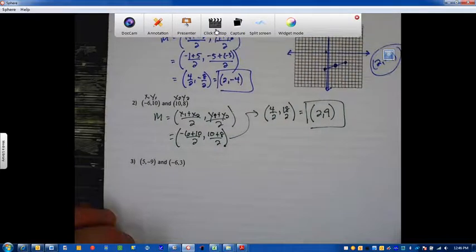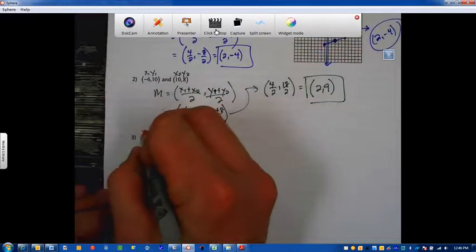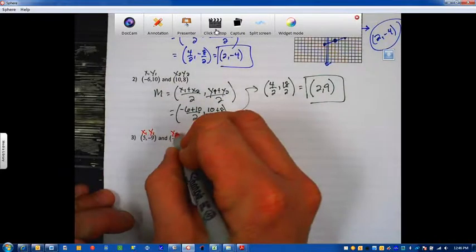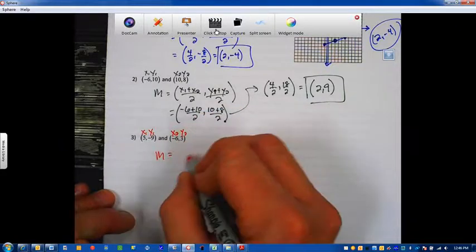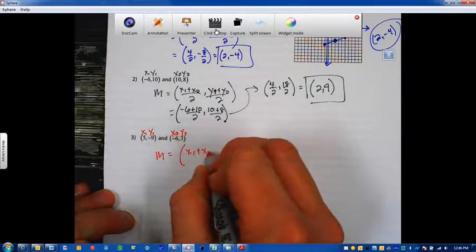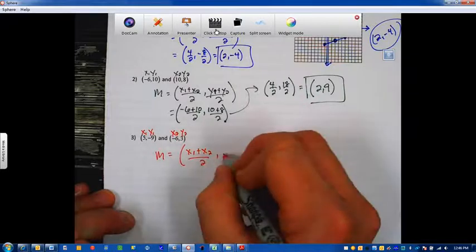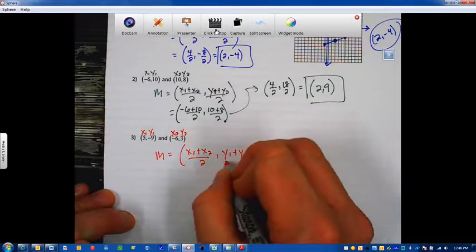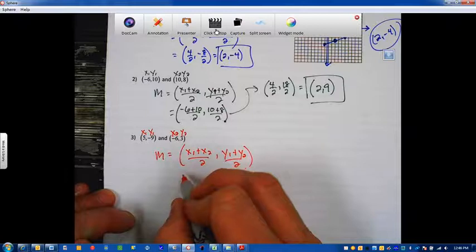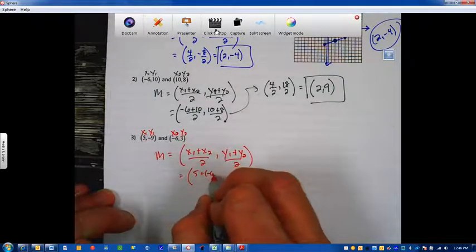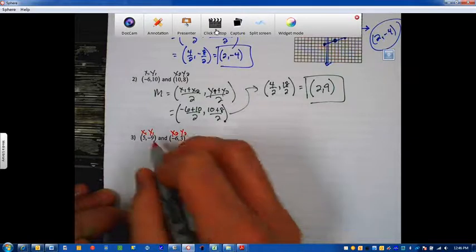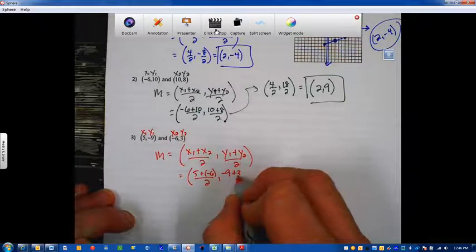Ready? x1, y1, x2, y2. The midpoint is equal to x1 plus x2 over 2, comma, y1 plus y2 over 2. In this case, that's going to be 5 plus negative 6 over 2, negative 9 plus 3 over 2.